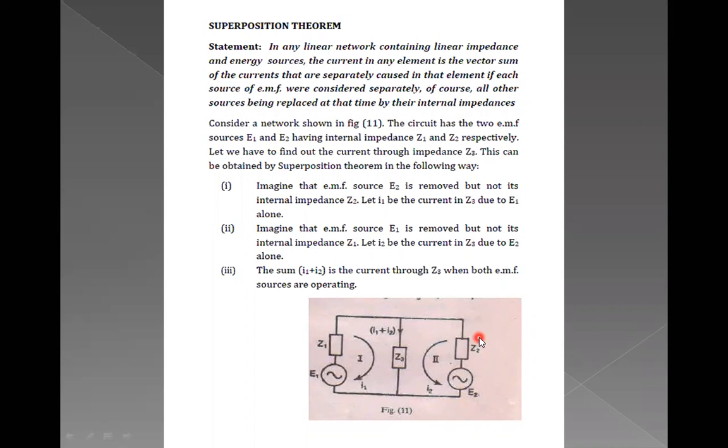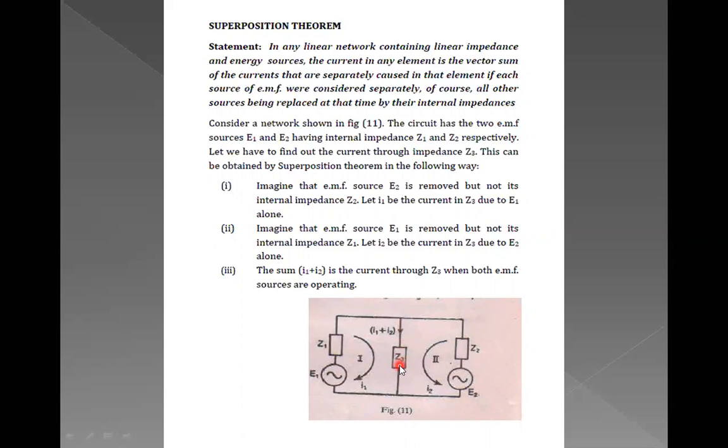So for the first condition, we remove the energy source E2, considering its internal impedance Z2 in the circuit, and I1 is the only current produced because of E1 flowing through Z3.